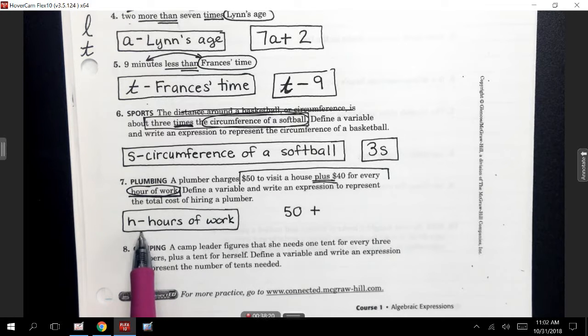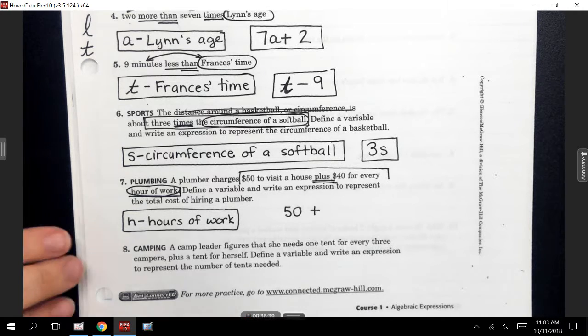Yeah, so we're using the letter for hours, but if it's $40 every hour, so $40 for every H, what operation is that? What's happening with those? Olivia? I'm multiplying them because it's every single time it's repeating. So how would I write 40 times H? How would I write that my new way, Maribel?